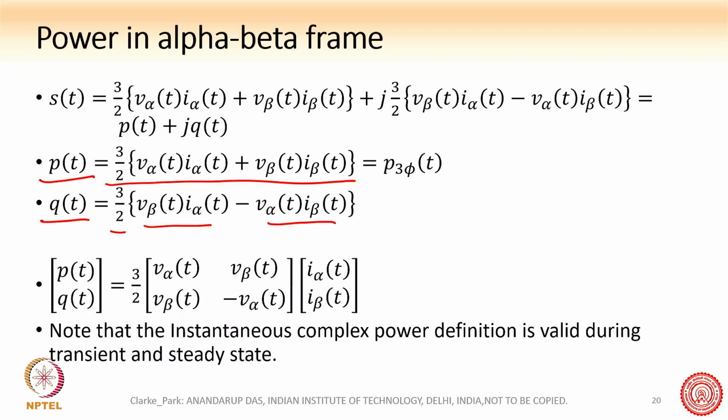Now, again I am pointing out, these two definitions are valid both during transient and steady state. So you have time varying quantities here. We are now defining power not as something which we obtain after one cycle. This is one of the advantages of calculating power instantaneously.